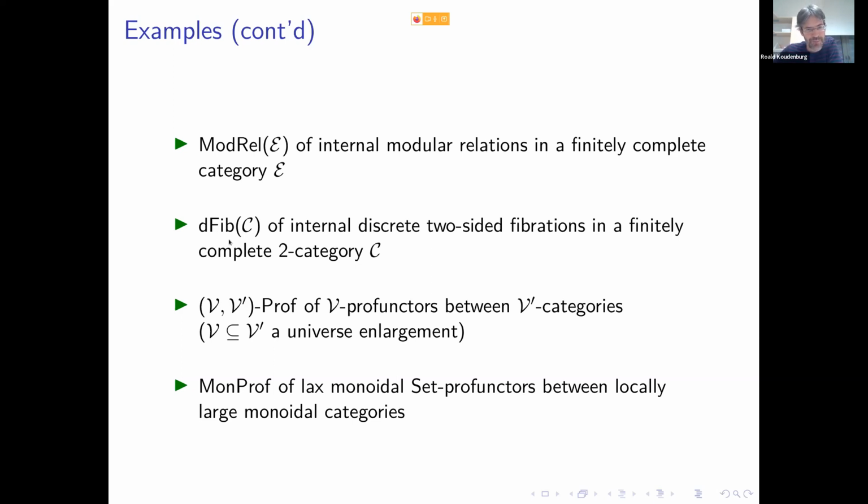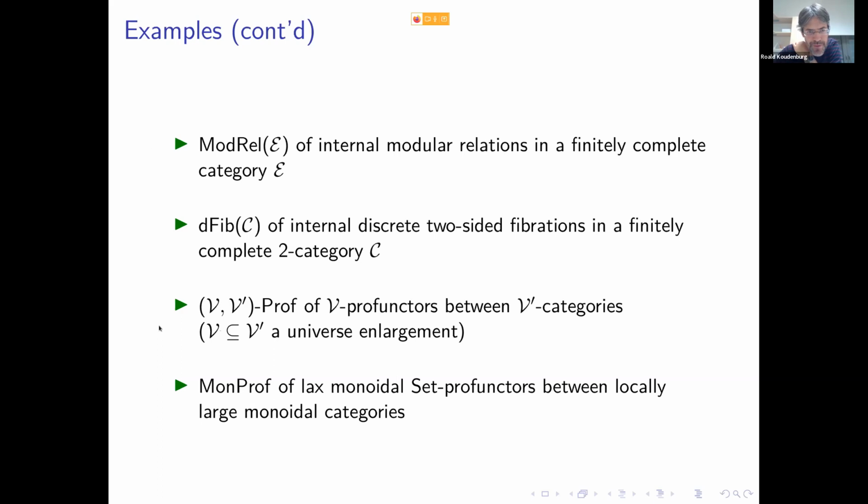Similarly, we can internalize that Prof example. We can consider internal discrete two-sided fibrations in a finitely complete two-category C. And again, we don't need the two-categorical analog of regularity for C. We don't need these fibrations to compose. So that's an advantage of working in augmented virtual double categories. So these are internal variants.